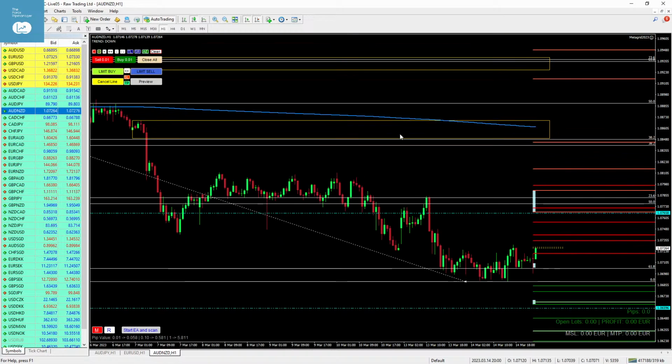We have several here. We have a smaller one here. You can see this major box here. It sits on the 61.8 level.